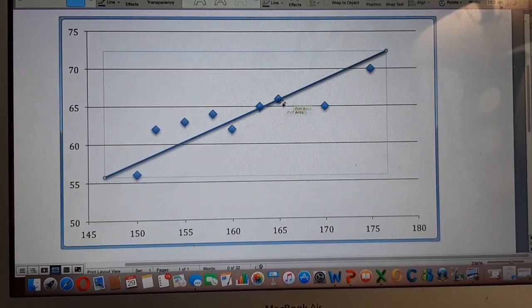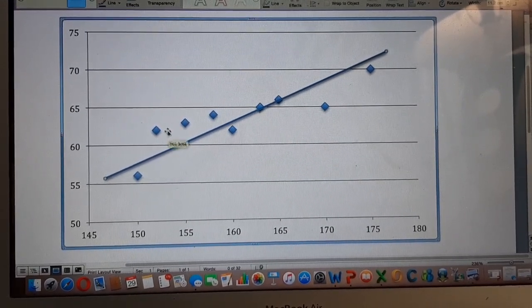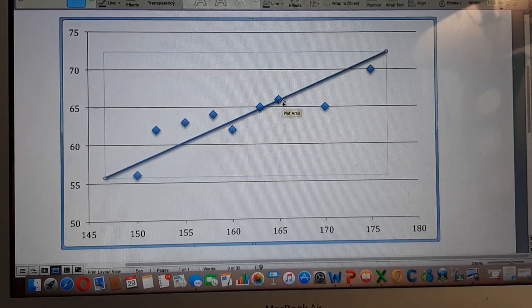So this is the line of best fit, because you have almost equal points above the line and almost equal points below the line, while 2 points are on the line. Now from this line, what type of relationship can be deduced? This is a positive correlation.